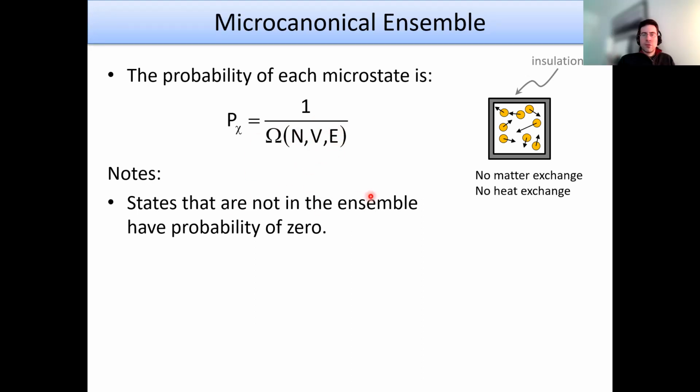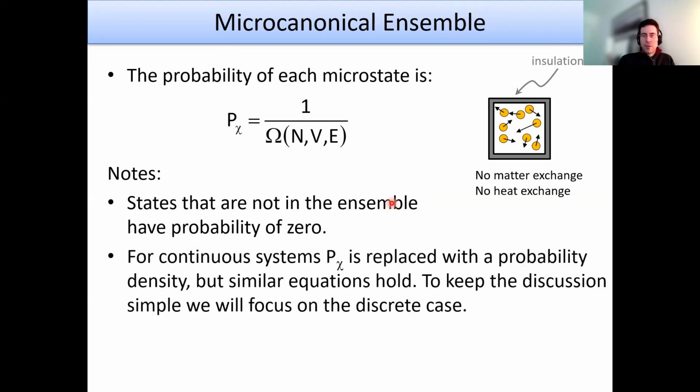Any state that is not in the ensemble has a probability of 0. And of course, we know that for continuous systems, this P would be a probability density, and this omega would be a density of states, but this is fine. We're going to keep the discussion simple, therefore we will deal with the discrete case, but similar equations hold for continuous systems.